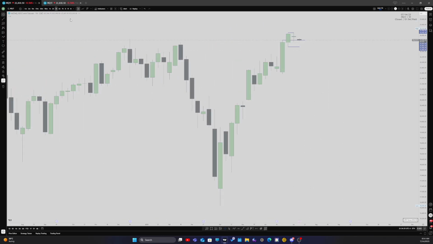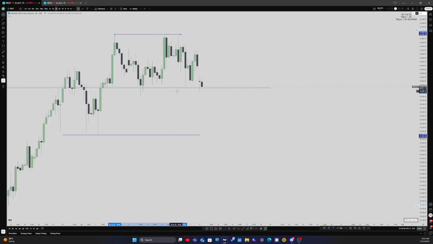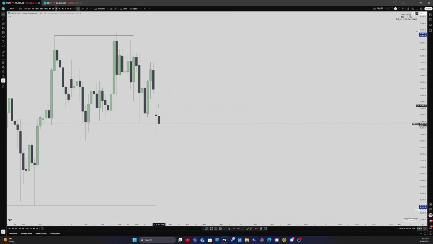So let's go to the 4-hour chart. As I was saying, this high has been taken. Price retraced here. Microstructure shift. Now we have a gap here. Price opened with a gap.